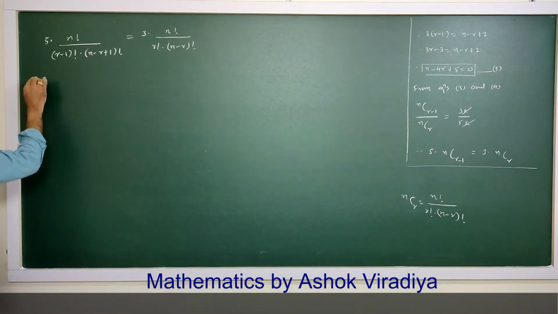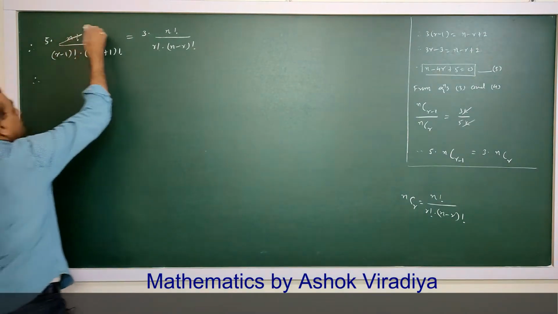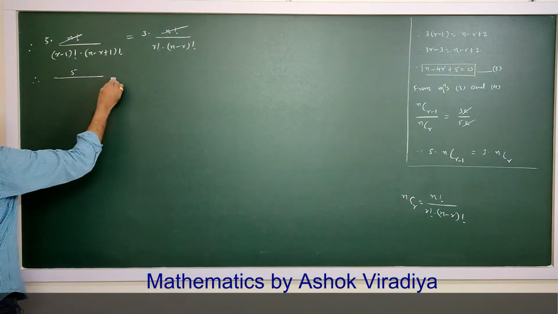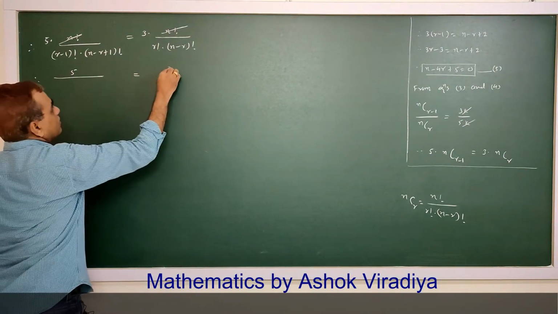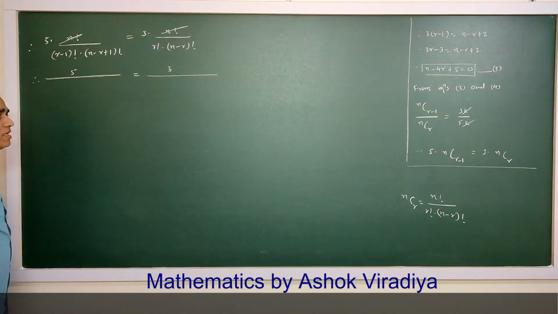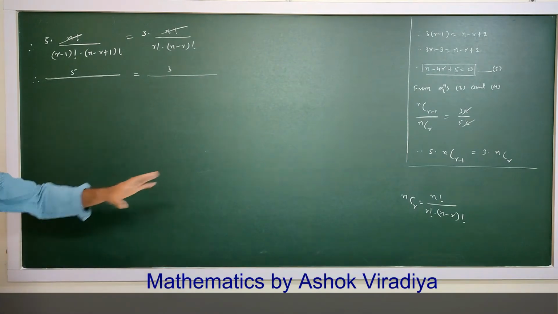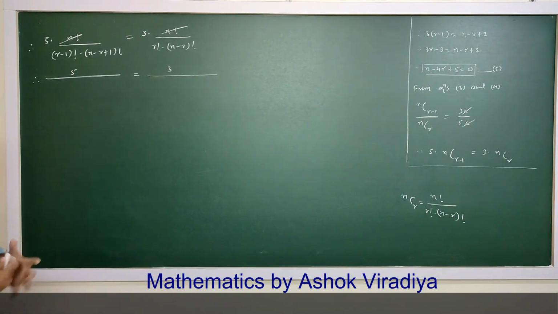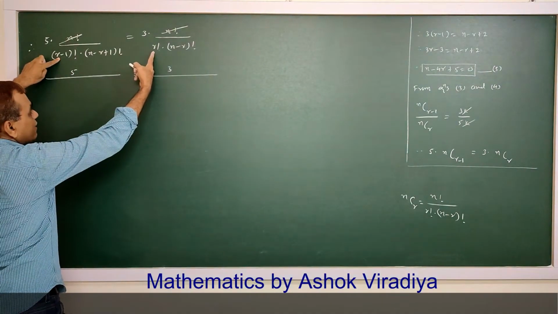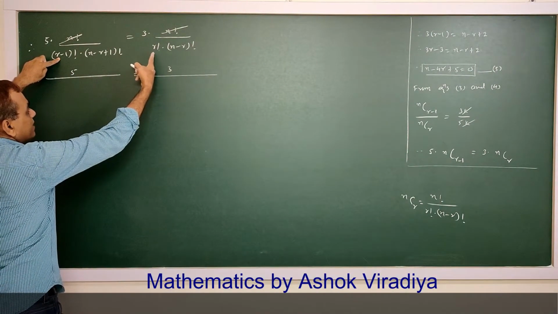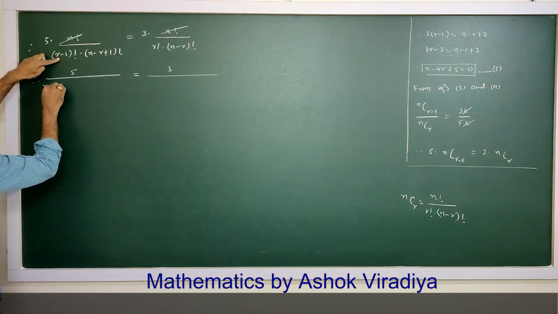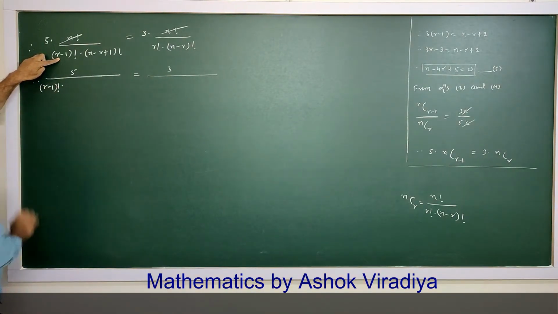Now simplifying, n factorial will be cancelled. 5 upon here, 3 upon. Now we perform the procedure which we applied in the last step in getting equation 5. Here this is r minus 1 factorial, this is r factorial. This is greater, so convert greater into smaller. So r minus 1 factorial keep as it is.